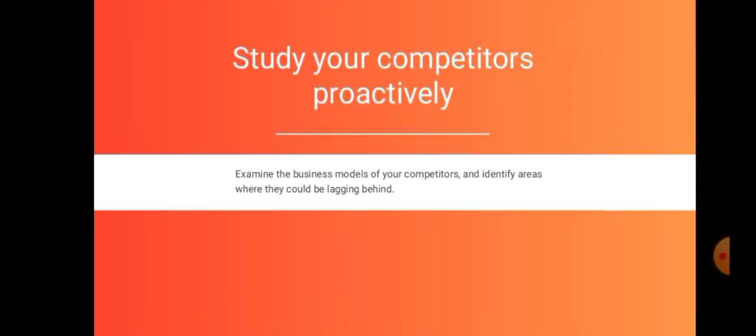Now the next thing to keep in mind is to study your competitors proactively. Examine the business models of your competitors and identify areas where they could be lagging behind. Now this is where you can come in. Now if you look at iPhone, for instance, not just iPhone, let us look at the concept of smartphone. Before smartphones came into the market, we had button phones, we had BlackBerry, we had Nokia, and the rest.